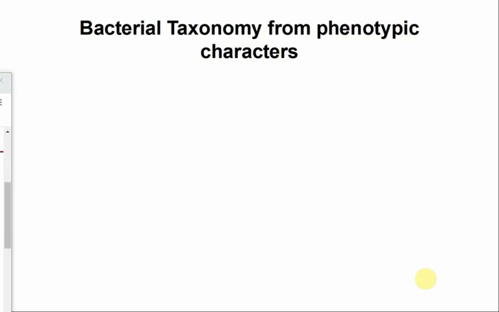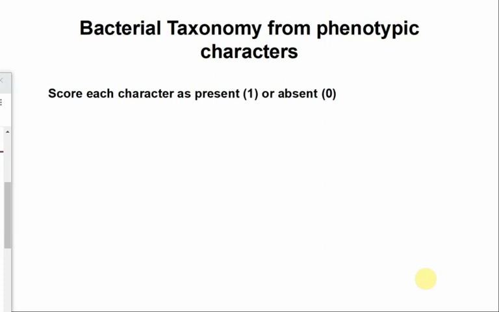The talk for this afternoon is about taxonomy. The first approaches here were to try and use phenotypic characters, gram positive, gram negative, all these biochemical tests, to try and group together bacteria that are very close phenotypically and derive phylogenetic trees from this information.